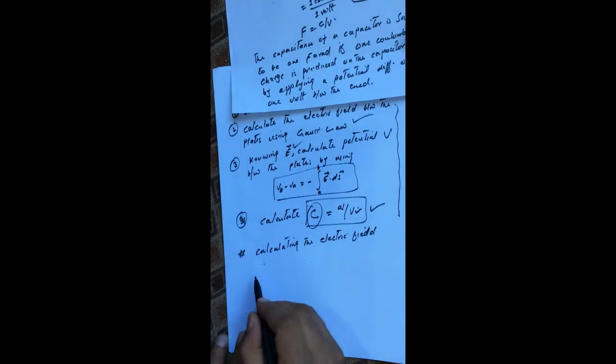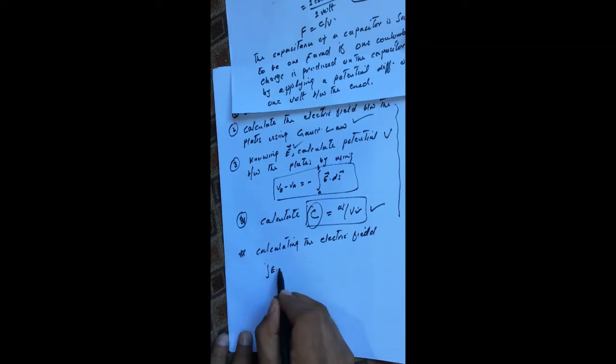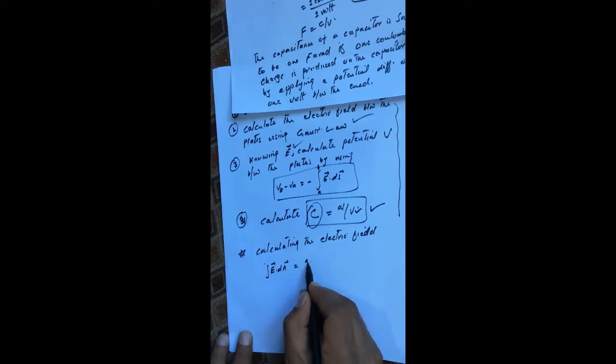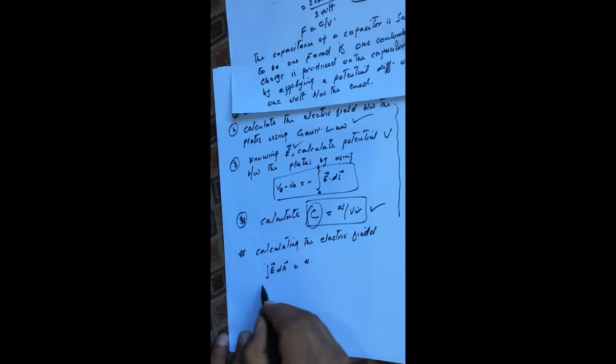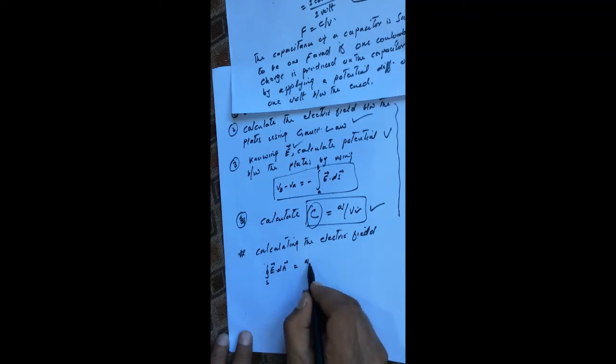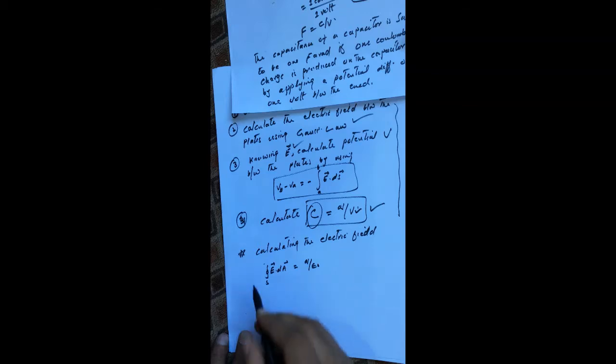We know that the electric field is related to the charge by using Gauss's law, which is the integral of E dot dA is equal to the flux through any closed surface. This closed surface is equal to the charge enclosed by the closed surface over epsilon naught. This is the Gauss law.